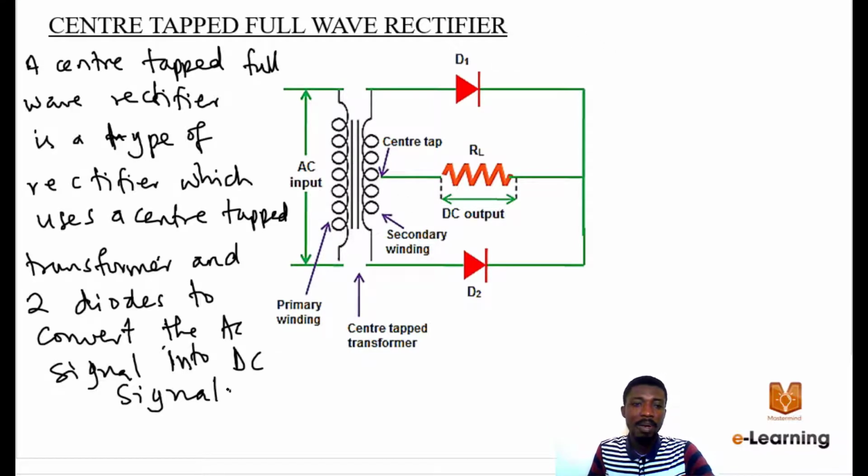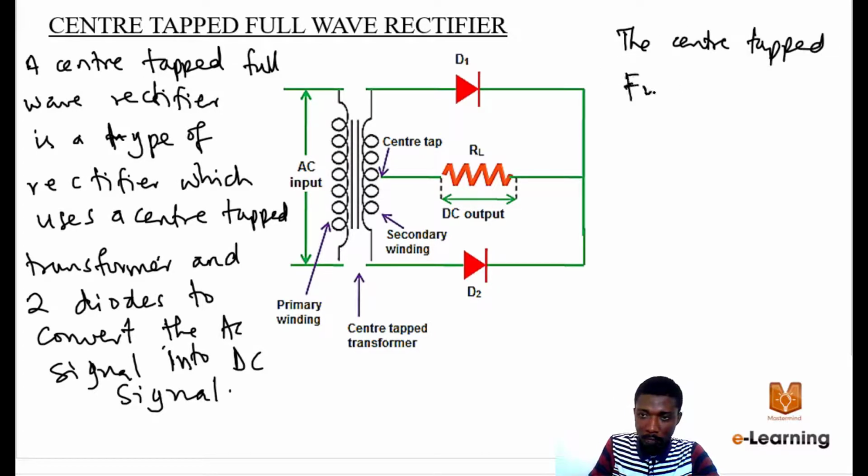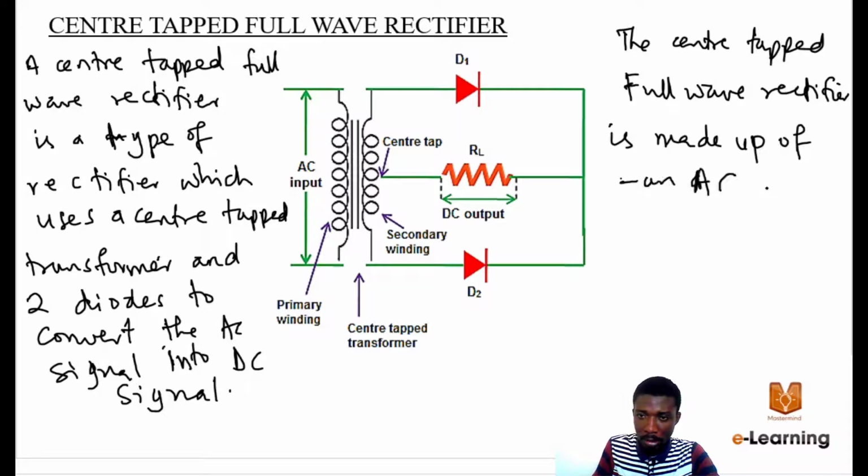So a center tap full wave rectifier is a type of rectifier which uses a center tap transformer and 2 diodes to convert the AC signal into DC signal. The center tapped full wave rectifier, let's look at the components. It's made up of an AC source, 2 diodes, a load or resistor.